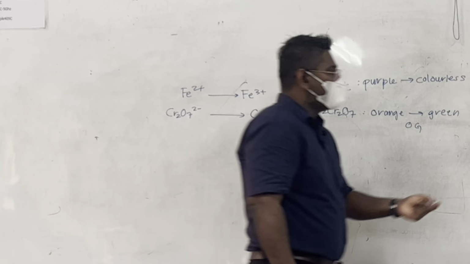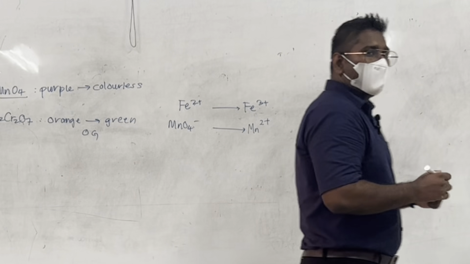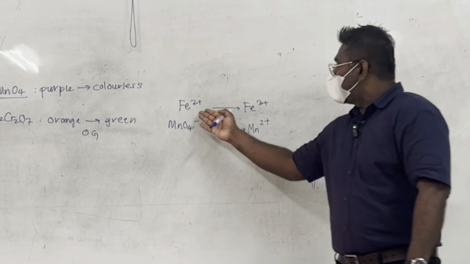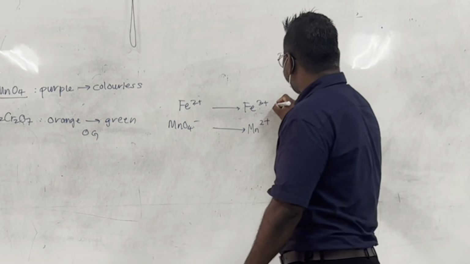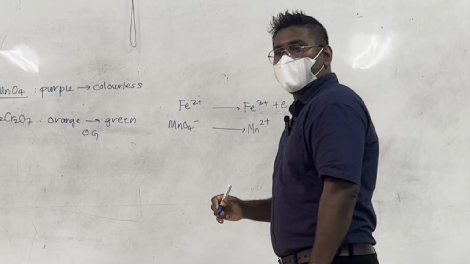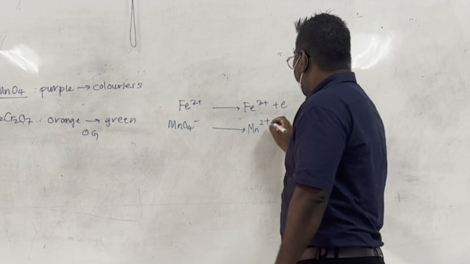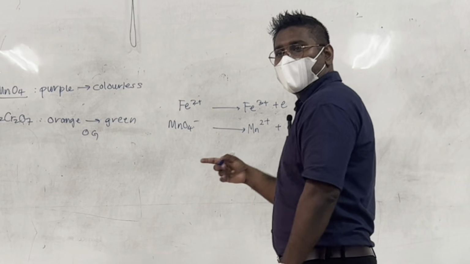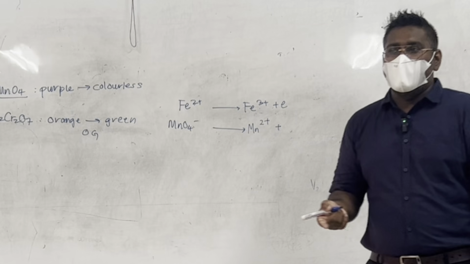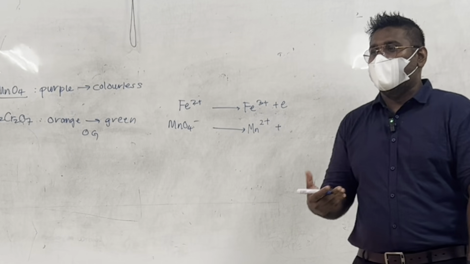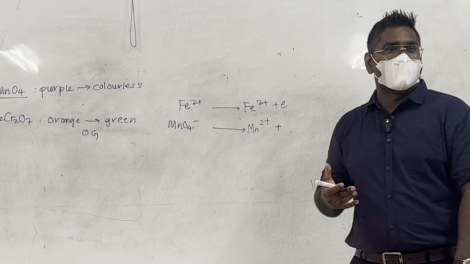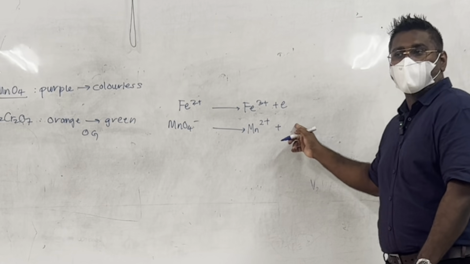So now, I want to write down the half equation. Fe2+ is losing one electron, so plus electron. Here, there's no oxygen, and I told you, in chemistry, there are limited chemicals that can give you oxygen. So you are not going to get O2 over here.